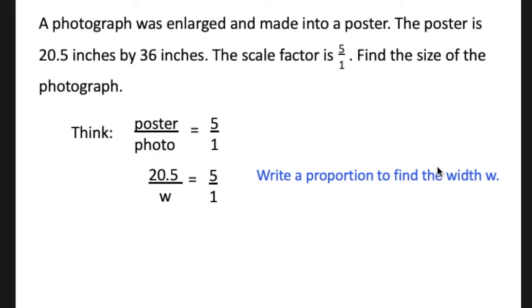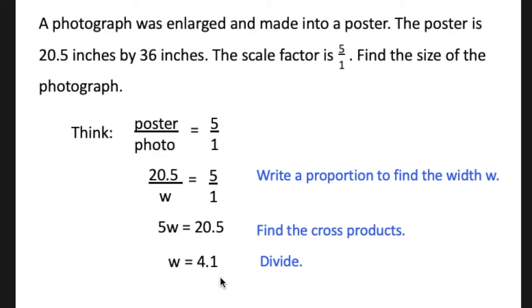Again, we cross multiply to solve for the value of W, which we get as 4.1. Now we know the size of the photograph, the length and the width, which would be 7.2 inches long and 4.1 inches wide.